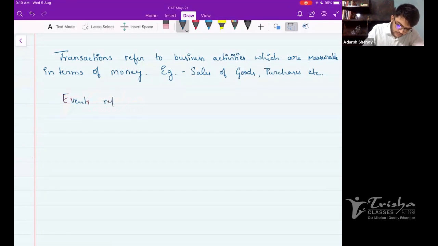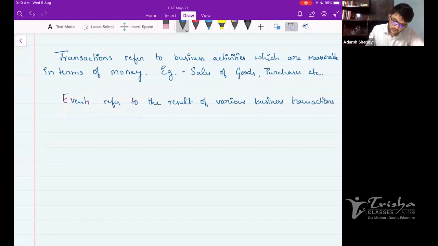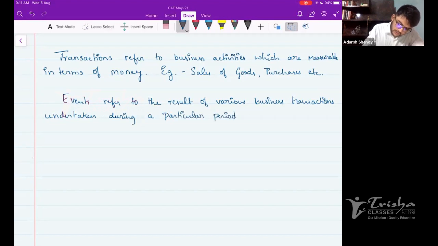Events refer to the result of various business transactions undertaken during a particular period of time.